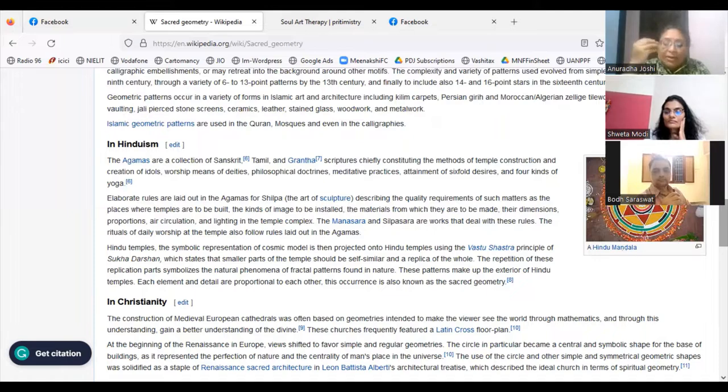Only what they did, the architects of say 100 years ago, who created those huge temples in say south, or even where I went in Khajuraho, is that they replicated those geometric construction theories from the Agamas, and created the temple.